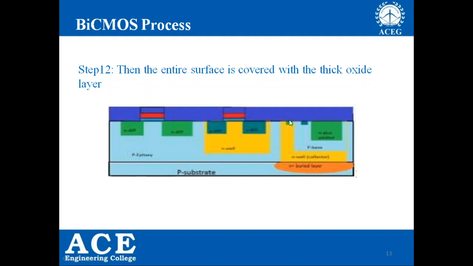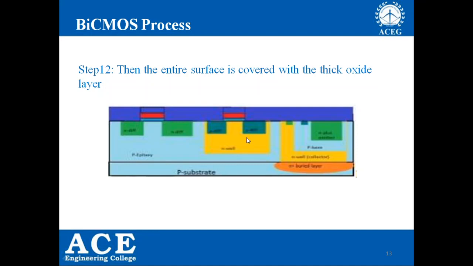So these three layers formed the bipolar transistor here, an NPN transistor, and this N well is acting as the substrate for the PMOS transistor, so that the PMOS transistor is formed in the N well, and in the parent p-type epitaxial layer the NMOS transistor is formed.